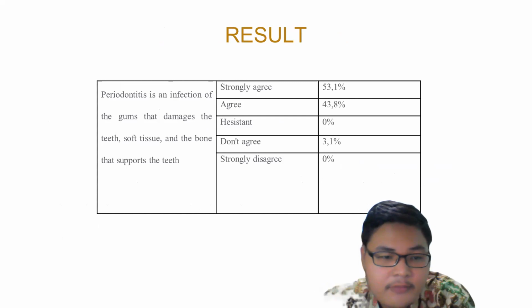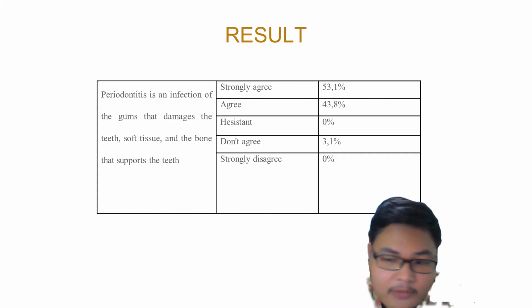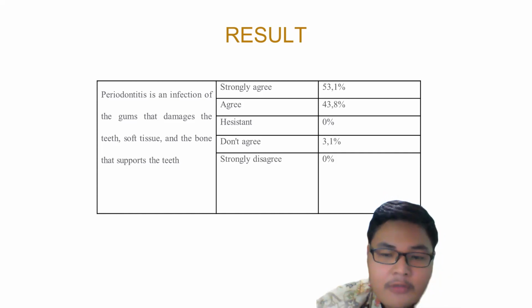The result from the first question. The question is: periodontitis is an infection of the gums that damages the teeth, soft tissue, and the bone that support the teeth. The result of the question on the definition of periodontitis showed that 53% said strongly agree, 43.8% agree, and only 3.1% said disagree.